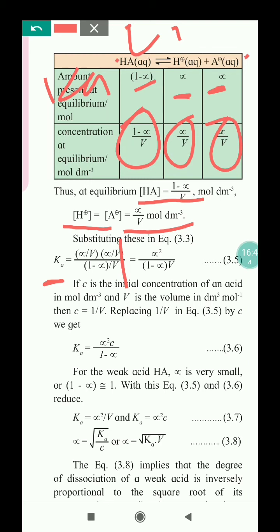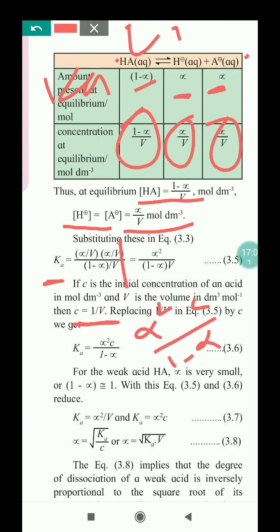Here alpha square upon 1 minus alpha into V. Let C be the concentration, and 1 by V is equal to C. Putting this value, we get alpha square C upon 1 minus alpha.